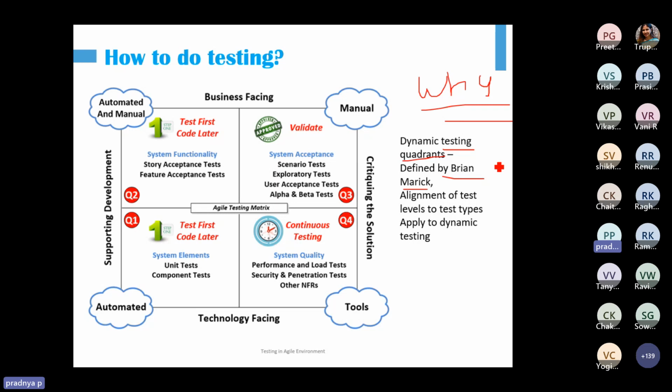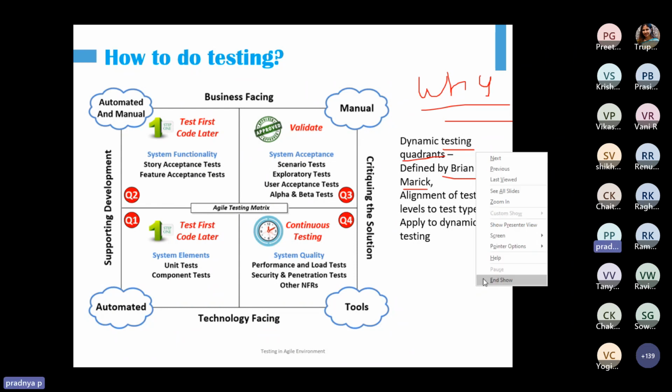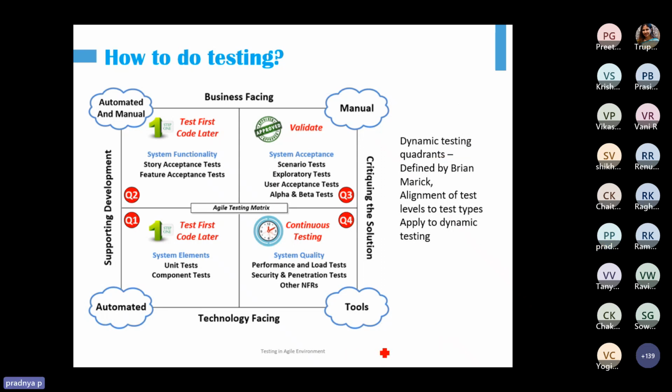So let us try to understand this, because this is really interesting and it really gives us a good picture about why we as testers in agile are doing some kind of testing and how it should be done. Now, what they are saying here is there are two important aspects. One is what is the focus of our testing, right? Why we are doing testing.